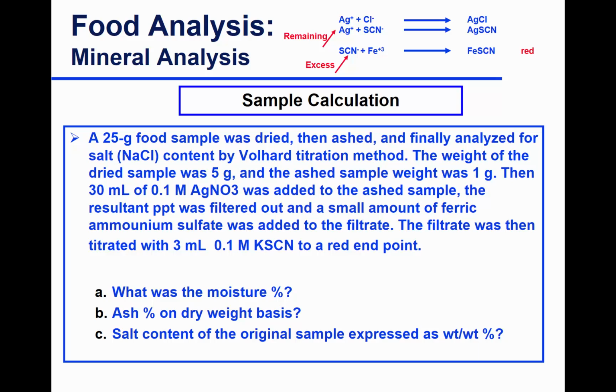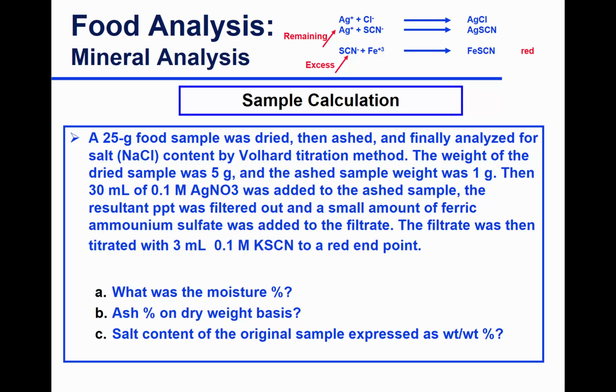So 20 out of 25 times 100 is your 80% moisture. Okay, what about ash? 20%. So you have 1 gram in 5 grams. That would be on a dry basis, right? 20% on dry basis.